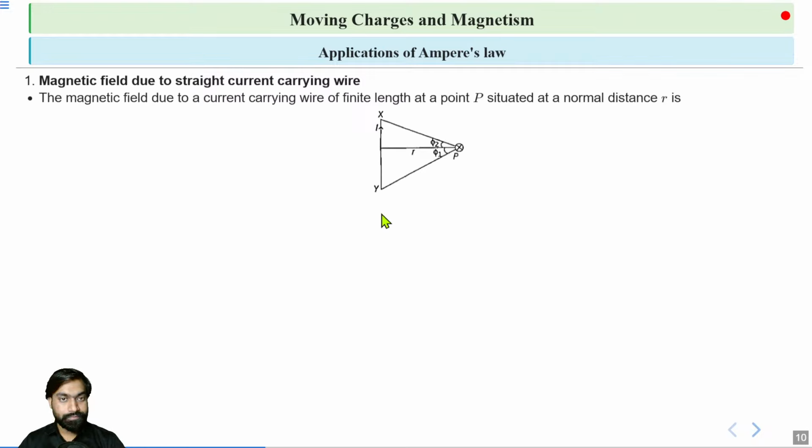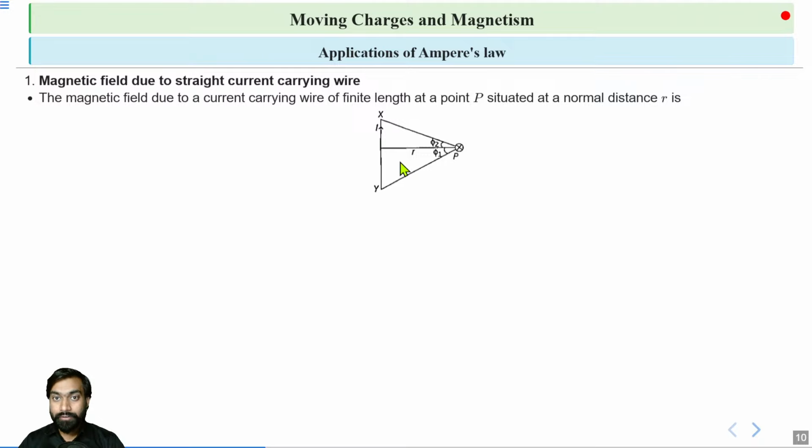So let's see. Consider a straight wire segment XY, carrying a current I. We want to find the magnetic field B at a point P located at a perpendicular distance R from the wire.